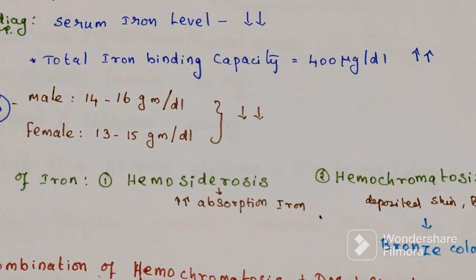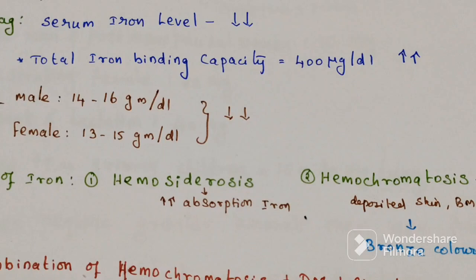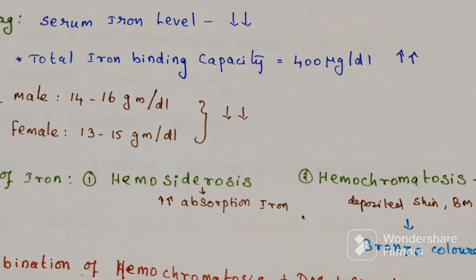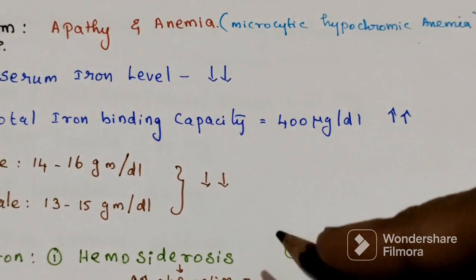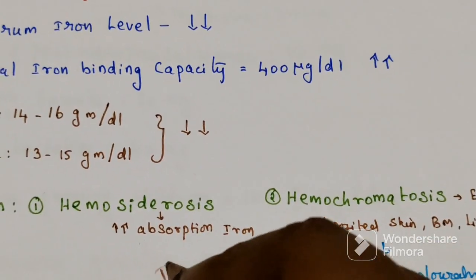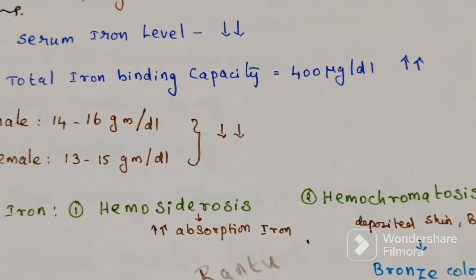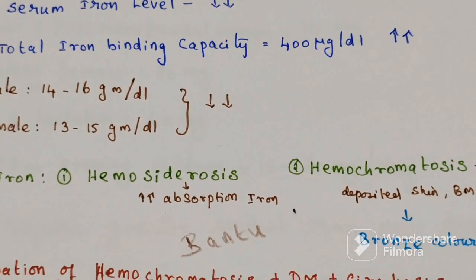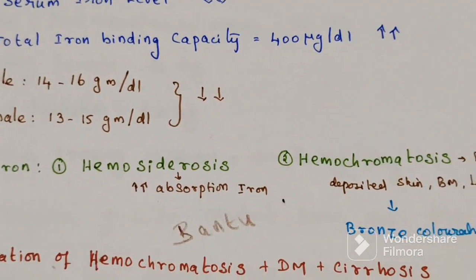Then excess of iron causes two important diseases. One is hemosiderosis, where there is increased absorption of iron. This is found in Bantu tribes of South Africa, and is known as Bantu siderosis.